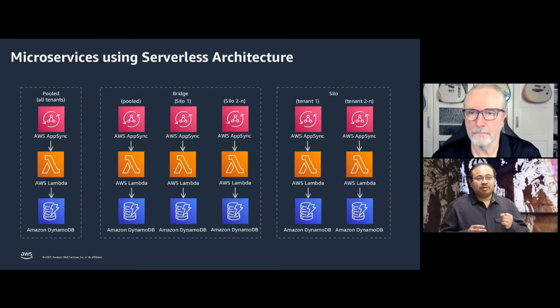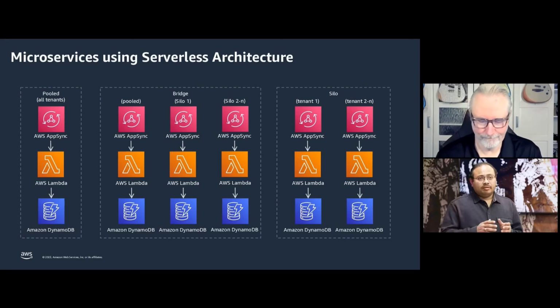So, on a pooled model, they have a set of services, as you can see on the screen here: AppSync, Lambda, and DynamoDB. Typically, a GraphQL application which is backed by Lambda and a database stored in DynamoDB. All of these are serverless, fully managed services on a pay-as-you-go model. So when all of these are shared across all your tenants or your customers, that's the pool model.